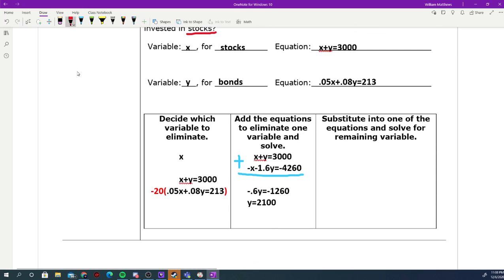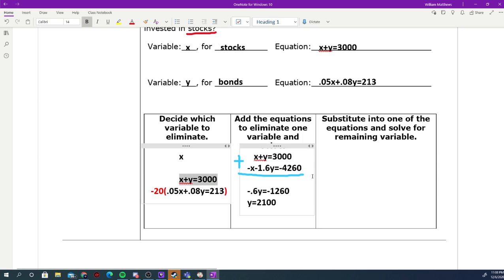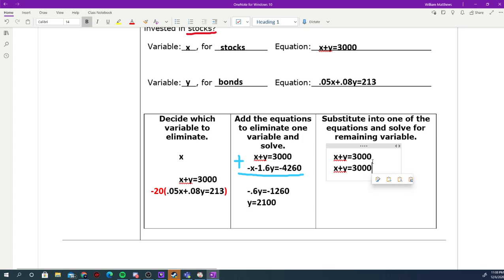We just found bonds. So no matter what, you want to check your work to make sure you were doing this right, especially since this is one of the first times that we have been working with stocks and percentages. We can take one of our original equations and plug in our known value of 2,100 for the bonds. When we subtract this from both sides, we get X, our stocks, is equal to 900.